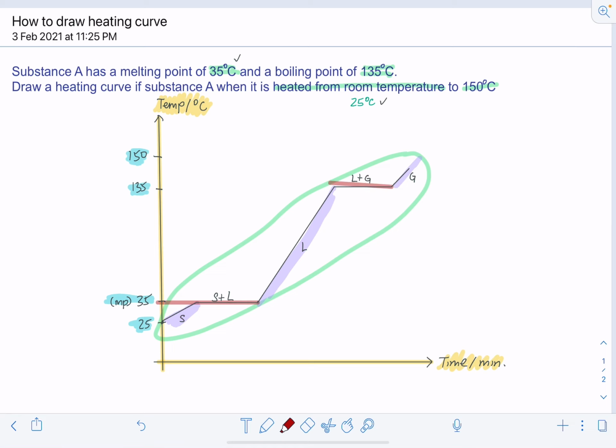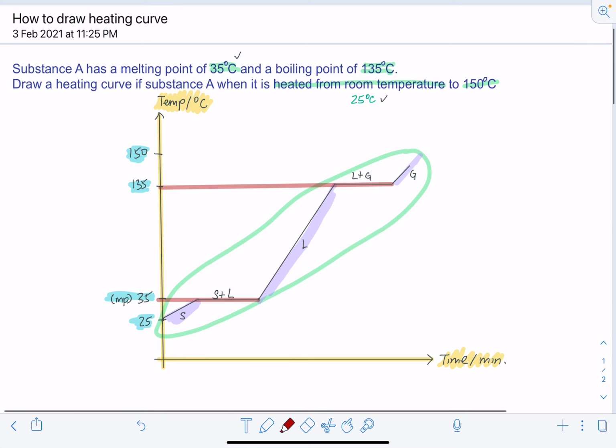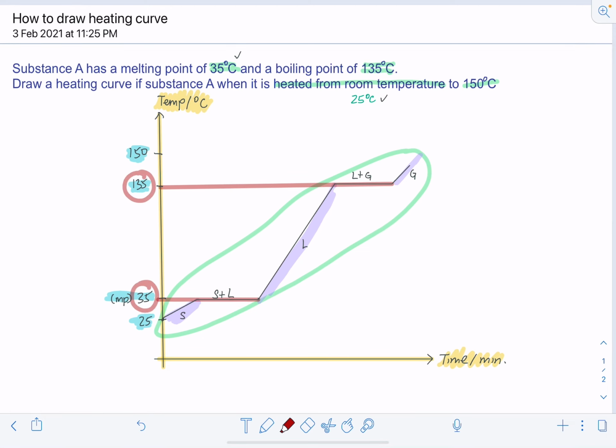Some particles have successfully changed state, while others might take a little bit of time. So here you're looking at 35 and 135. These are the melting point and boiling point of the substance, and there are only 2 of them for any substance that is heated over a wide range of temperature.